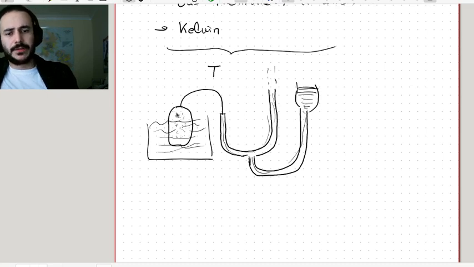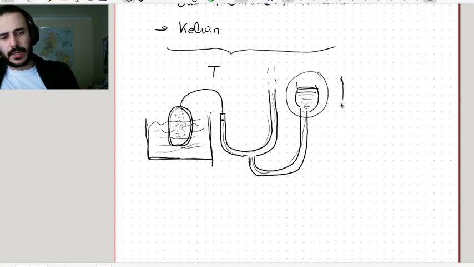So if the system is warm, say it has a higher temperature, then the pressure of this gas is going to rise. This is something we know from empirical experience, from observations. And this gas will push the mercury a tiny little bit.